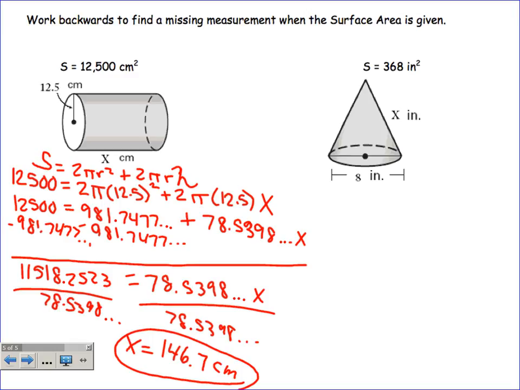Tyler Cox, you got the last one here. Okay, Tyler Cox, what's the formula for the surface area of a cone? It is on there, by the way.